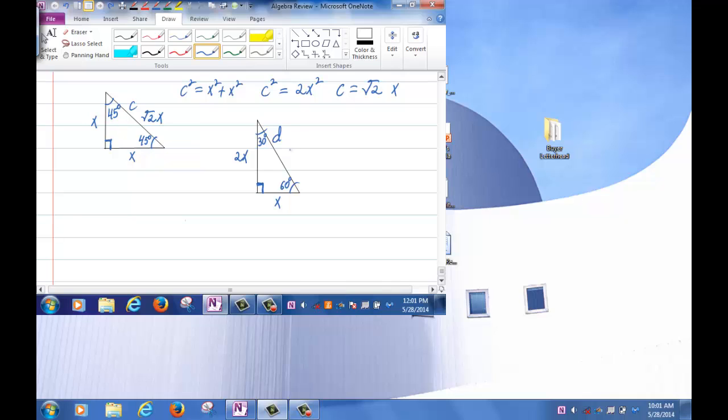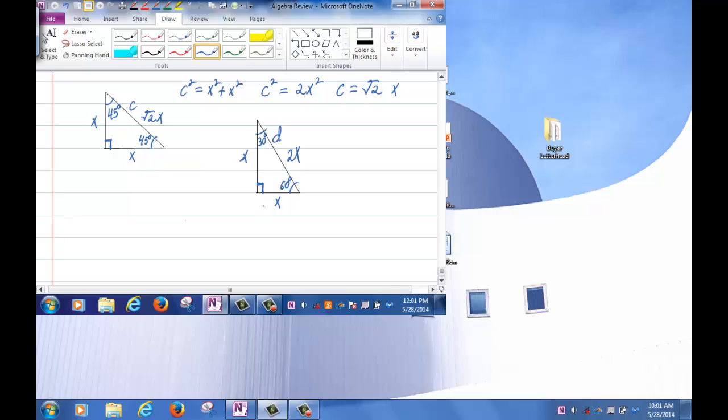So if I say 2x here, this side would be x, and whoops. What would be the other side then? The other side would be root 3x.